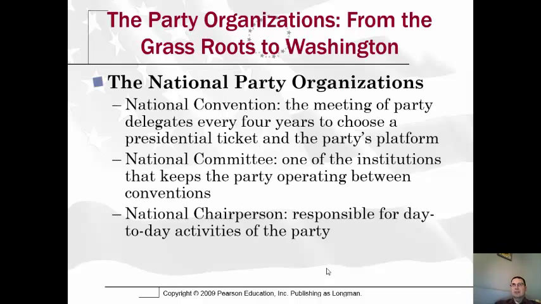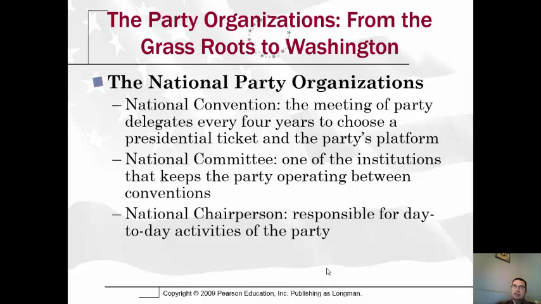The party also organizes national conventions when the person is finally going to be nominated to run for president. They have a national party convention, where these used to be fairly exciting because the actual decision of who was going to run for president was decided at the convention itself. Now we have a series of primaries and caucuses that determine that ahead of the convention.